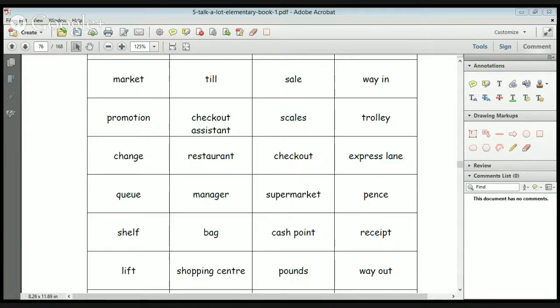Okay, let's look for another word with a long vowel sound. Can you think of a word with a long vowel sound? Scales. Scales has a long vowel sound, a long A sound. Market. Market has a long vowel sound.